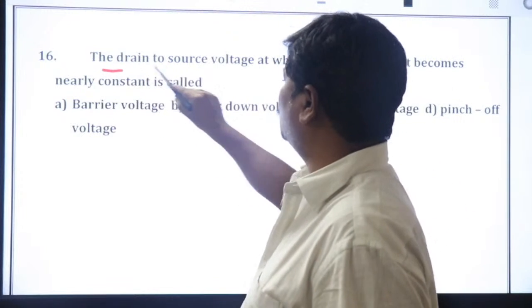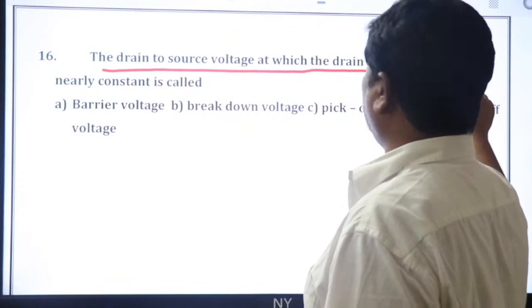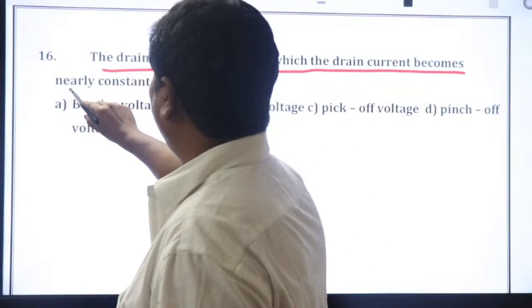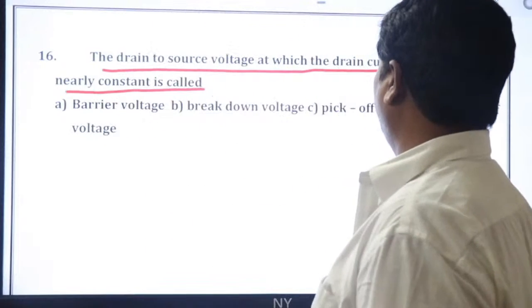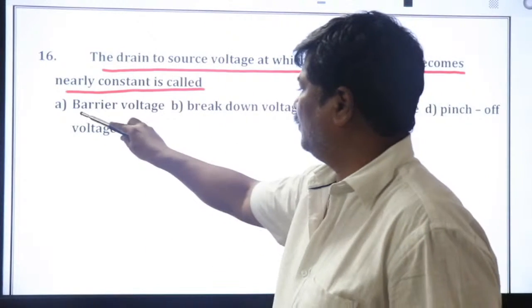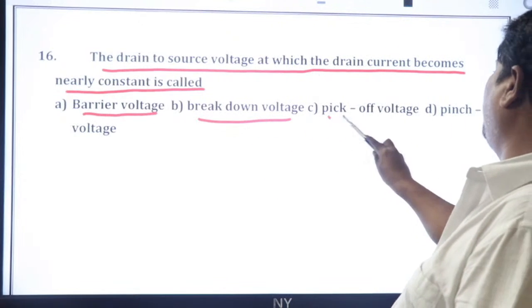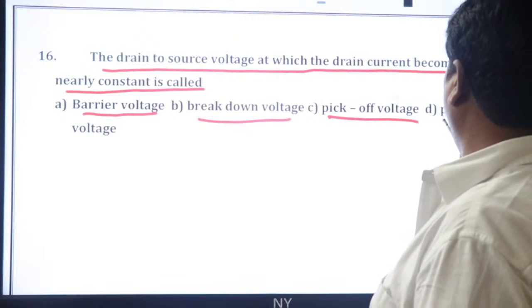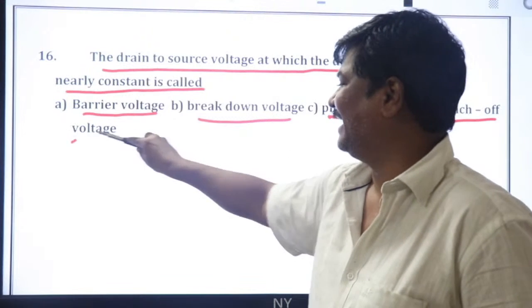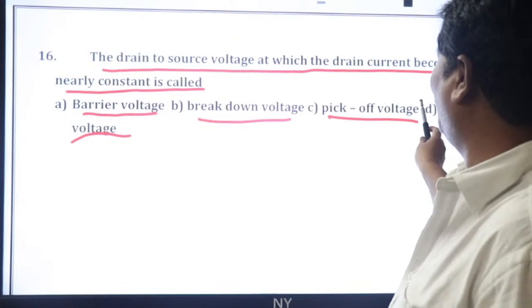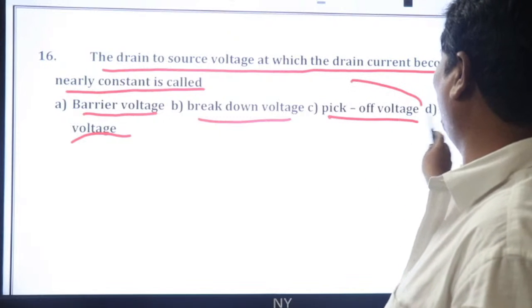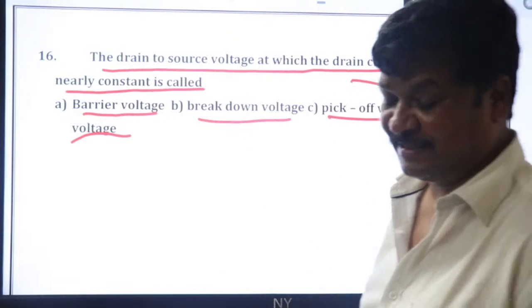The drain to source voltage at which the drain current becomes nearly constant is called: barrier voltage, breakdown voltage, pickup voltage, or pinch off voltage. Pickup voltage is also given as an option.